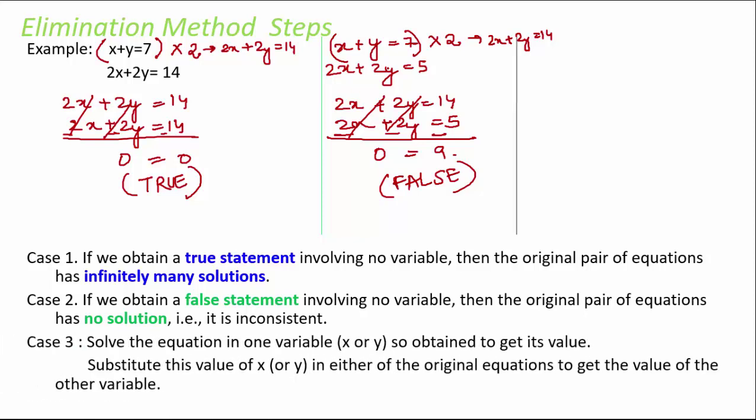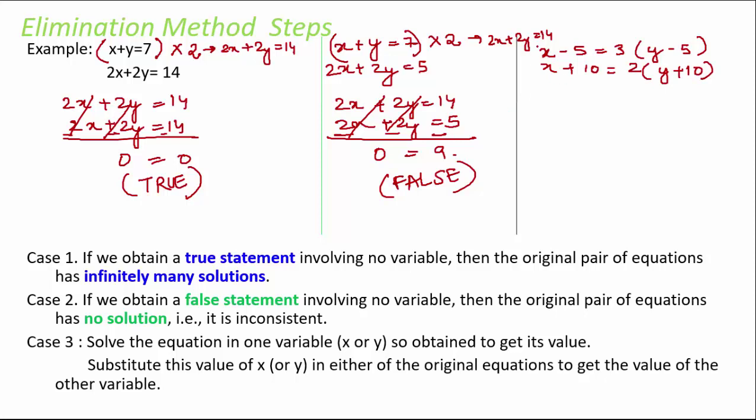The third situation could be that we get a value of x, and using that value of x, we are also able to find out the value of y. So that's like the good scenario. So let us take an example for a finite solution case also. Let us suppose we have two equations, x minus 5 is equal to 3 into y minus 5 and x plus 10 is equal to 2 into y plus 10.